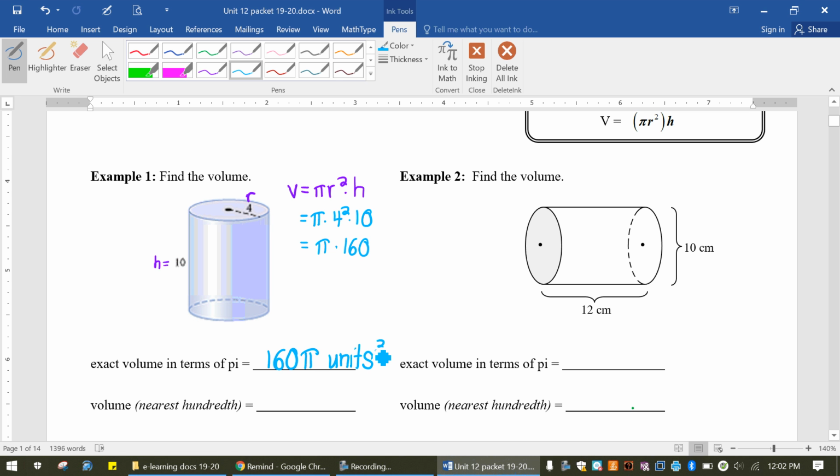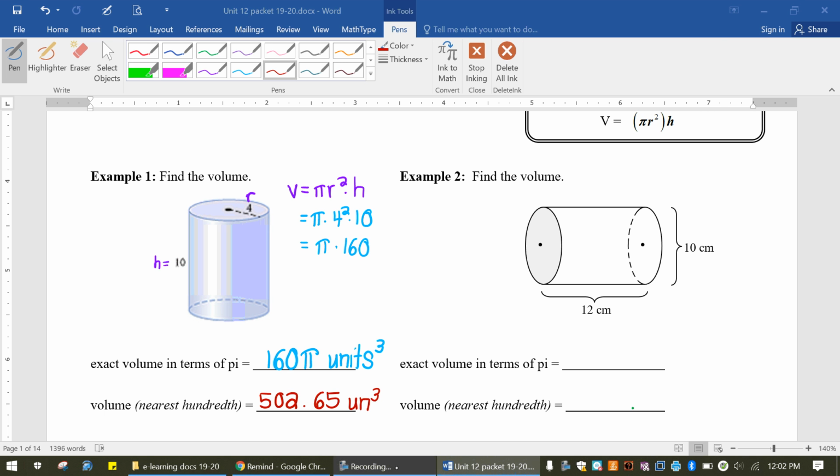Okay, if you were using your calculator and you type all of this in at one time, pi times 4 squared times 10, you'll get the volume to the nearest hundredth, which is 502.65. And here's an abbreviation that you can use for units too.